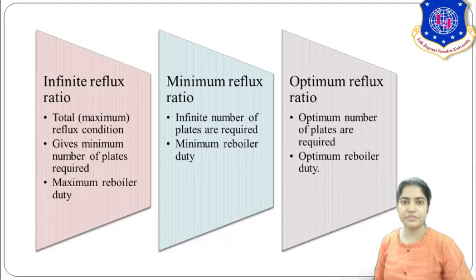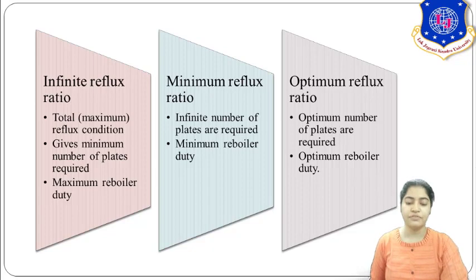Now the different kinds of reflux ratio are infinite reflux ratio, minimum reflux ratio, and optimum reflux ratio. First of all, you can see the difference between these three. The total reflux condition, which is also called infinite reflux ratio, shows the maximum limit of reflux which you can use.